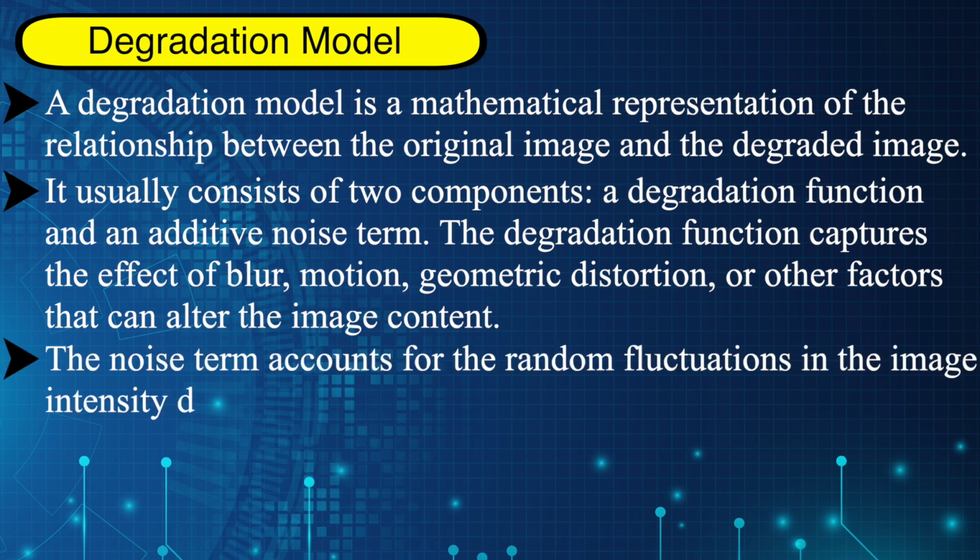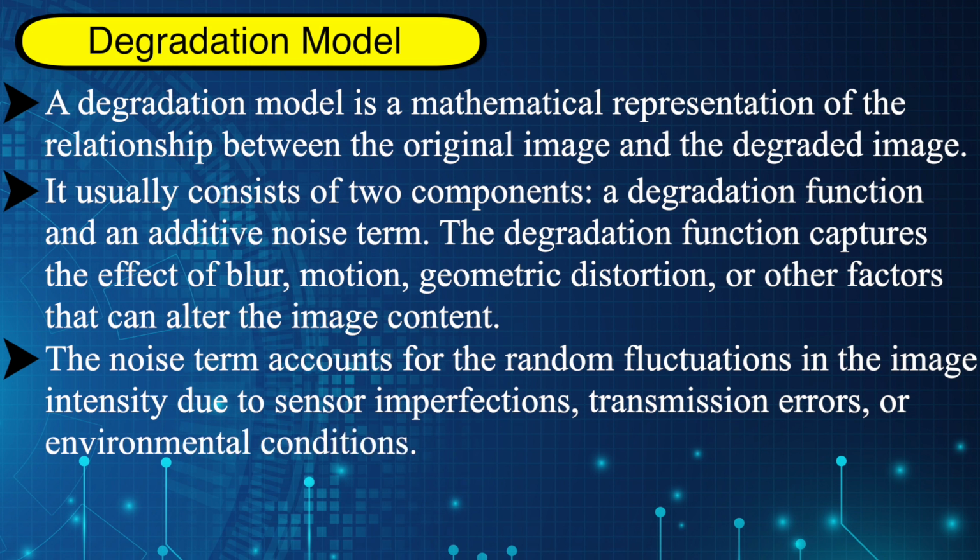The noise term accounts for the random fluctuation in the image intensity due to sensor imperfections or transmission channel errors or some environmental effect. So, the noise can come from anywhere. It can be from the channel, from the environment, or from some fluctuations in the camera.